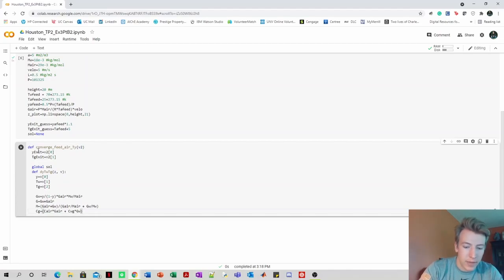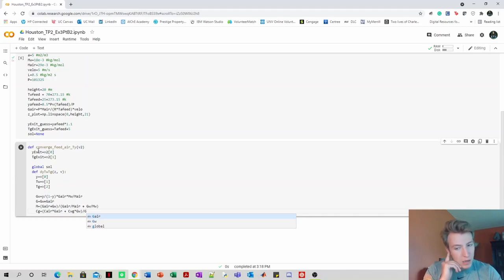And that's going to be all divided by the total gas flow rate. So have all that good. And then I think all we have to do is execute this now.